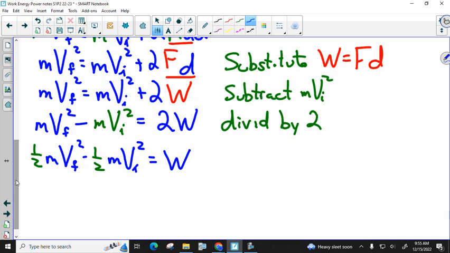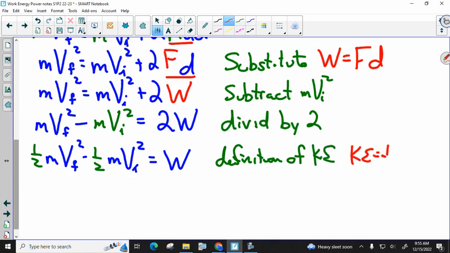What's this look like? 1/2 m v squared. Kinetic energy, right? That's the definition of kinetic energy. The definition of kinetic energy is 1/2 m v squared.